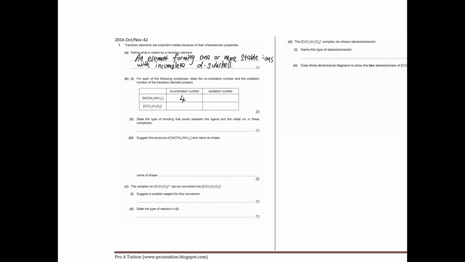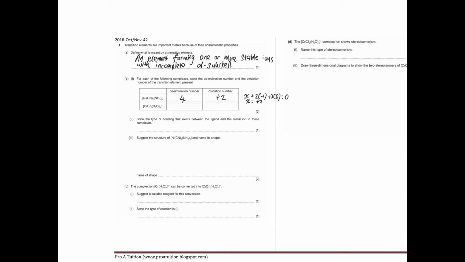So how to find the oxidation number? We count it this way. Imagine nickel is unknown, X, and cyano is -1, 2 of them. Amine is 0. The overall charge is also 0, as this complex has no charge, so it cancels off. By finding X, you will get +2.